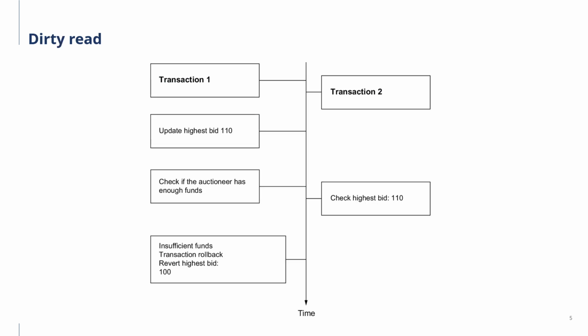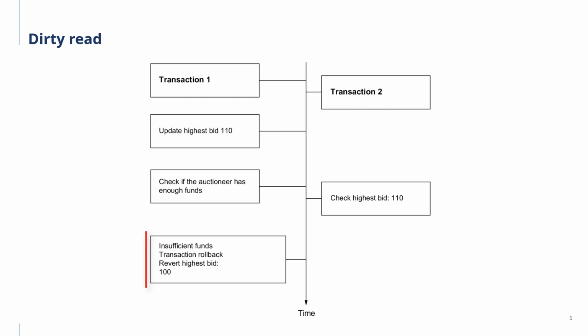But there are also other problems. Dirty read. Again, we are having two concurrent transactions. The first transaction will say, okay, I would like to update the highest bid to 110. And I am checking that the auctioneer has enough funds. Meantime, the second transaction will read and will see, okay, the highest bid is 110.